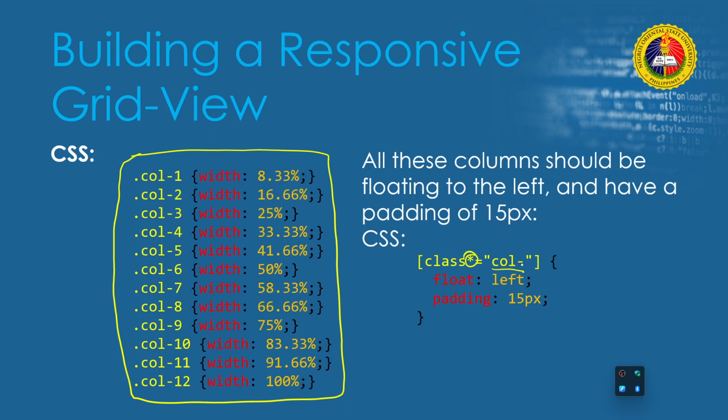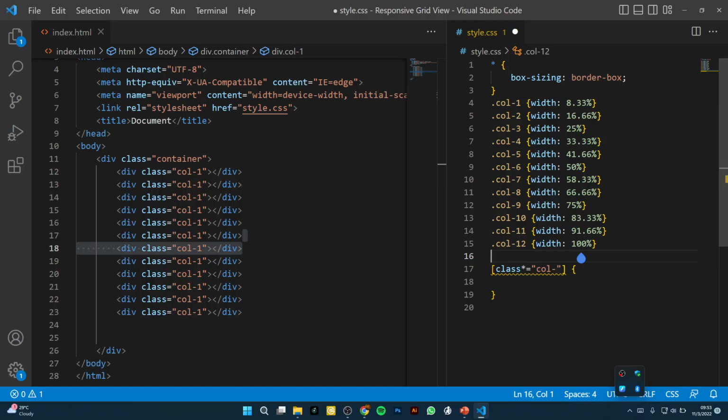Class asterisk, meaning all classes that start with col-. Alright. So we selected everything.